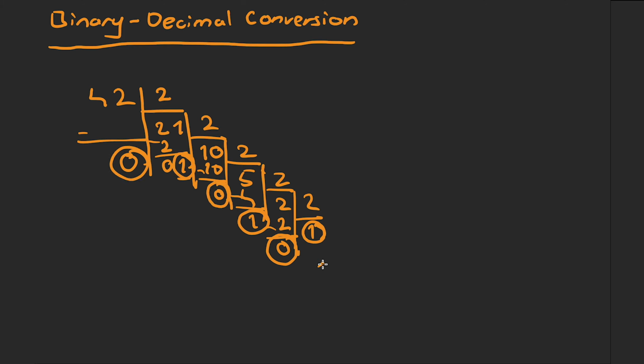Let's see. So 1, 0, 1, 0, 1, 0. It's no coincidence that I picked the number 42 for this because it's quite a fun one. And this is your resulting binary.